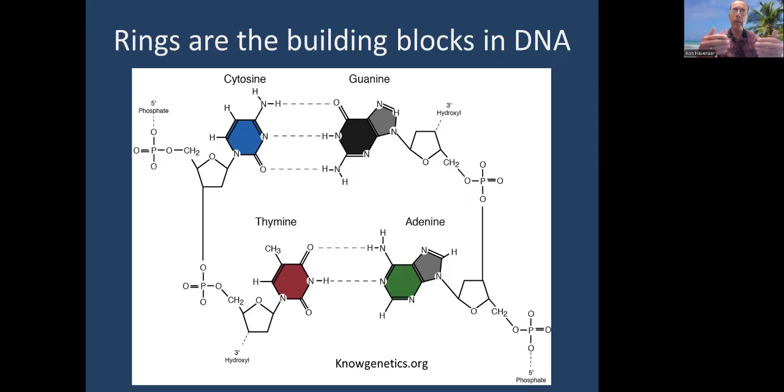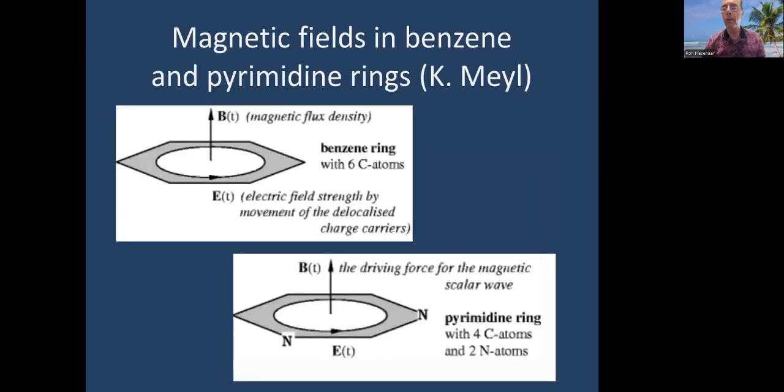So the dotted lines will keep the atomic structure together on those double helices. But inside the building blocks, you can see here the ring structures. And those ring structures give a specific freedom for the electrons to rotate inside the ring.